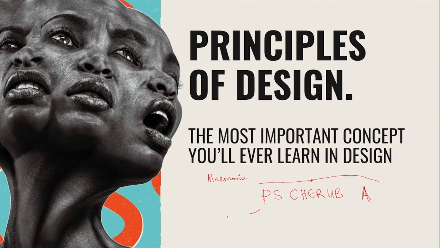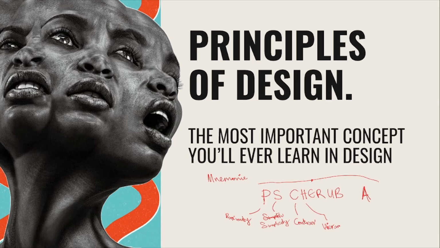And P represents proximity. I'm going to explain each and every one of it better. S is simplicity. I've even mentioned this before, probably several times. C is contrast. H is hierarchy. I somehow usually have difficulty spelling this hierarchy.